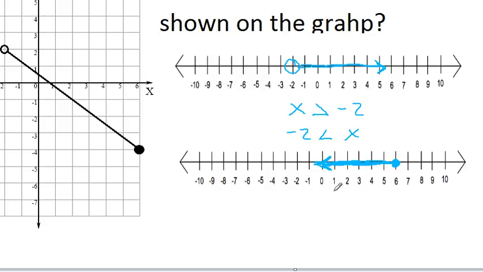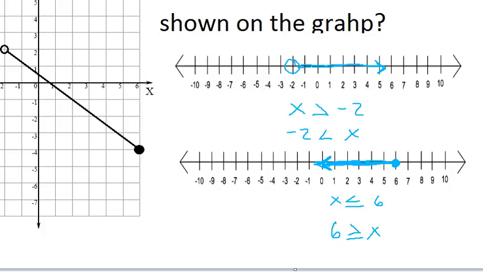And now I can see that, hey, x is less than or equal because this is a closed circle. X is less than or equal to +6, or another way of writing this is 6 is greater than or equal to x.